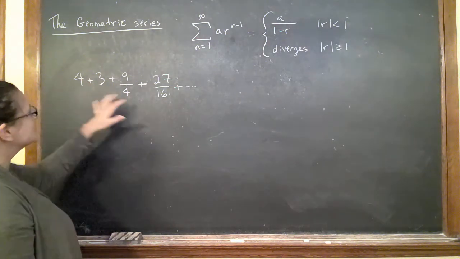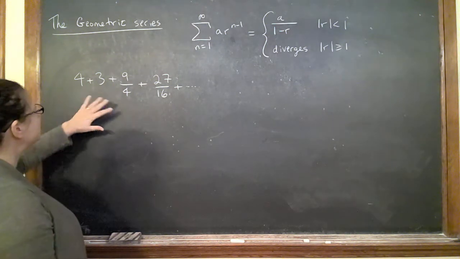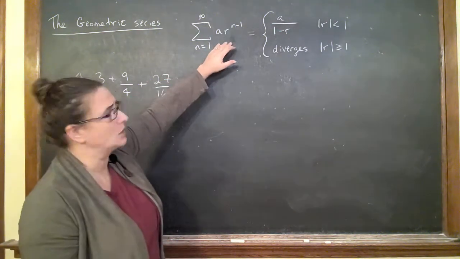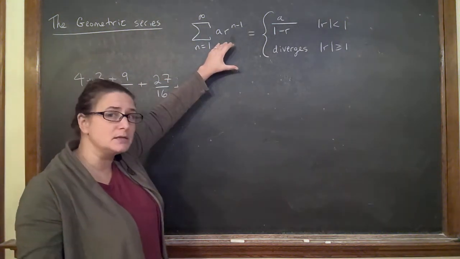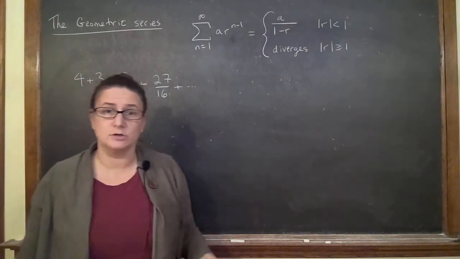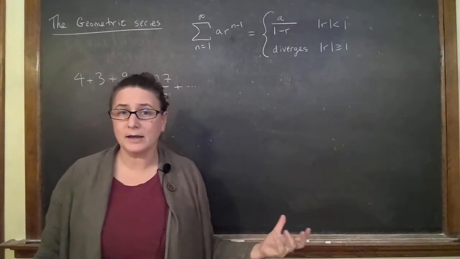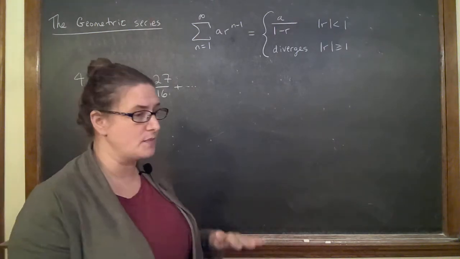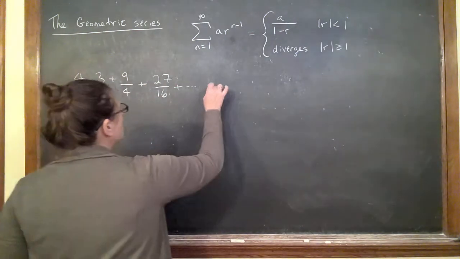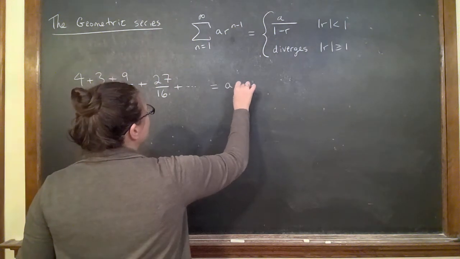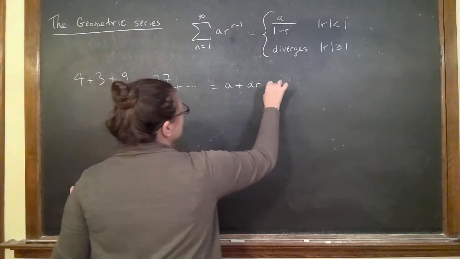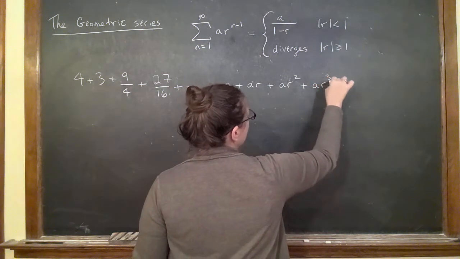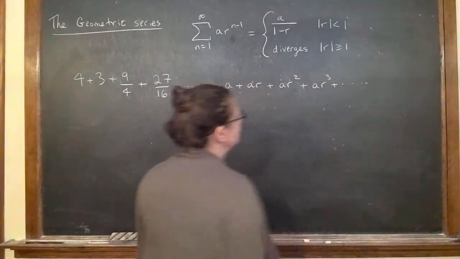Now, it is kind of hard to look at this and figure out the right form just by mentally guessing and checking. Some people can do that, and that's okay. If you can recognize the form and figure out the right a and r, that's fine. However, if it's hard for you, what I recommend, and what I often do just to make sure I'm doing it right, is comparing terms.